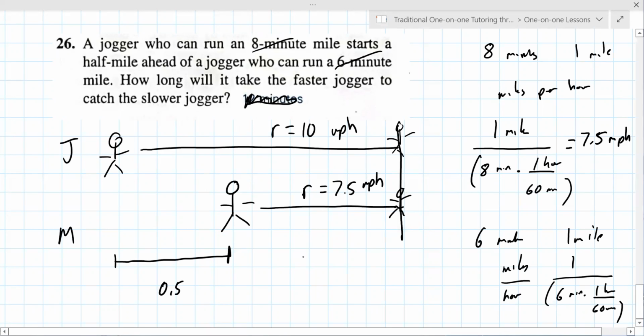It takes the same time. That's the key part of this. You started half a mile ahead of me, but I run slower than you do, which means I don't cover as much ground in the same amount of time.